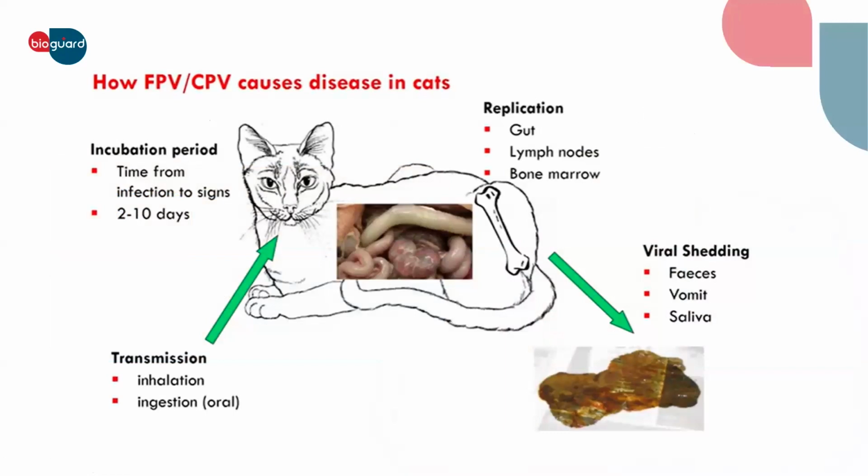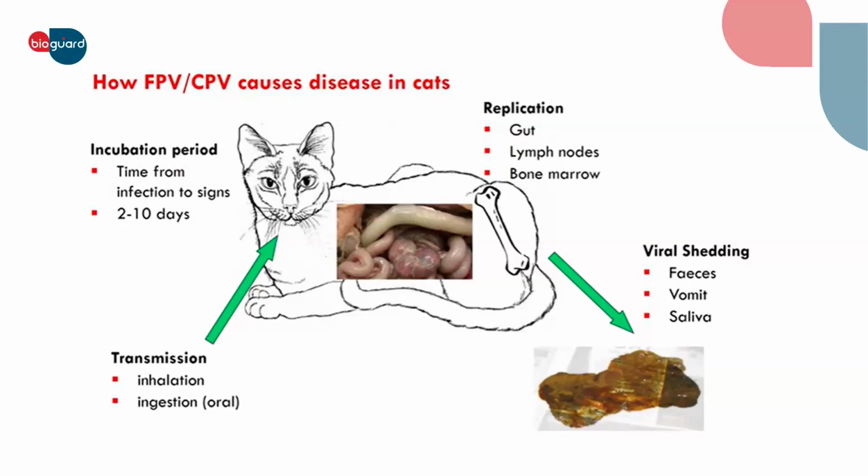So let's make a quick review of how CPV or FPV causes disease in cats. The transmission may be through inhalation or ingestion, but it's usually the fecal-oral route.